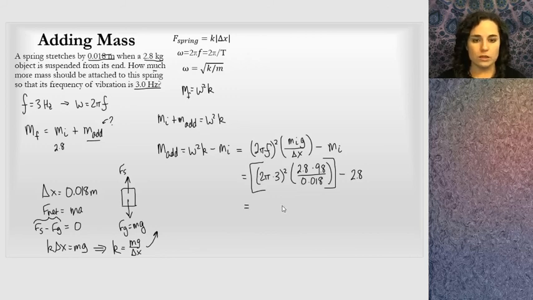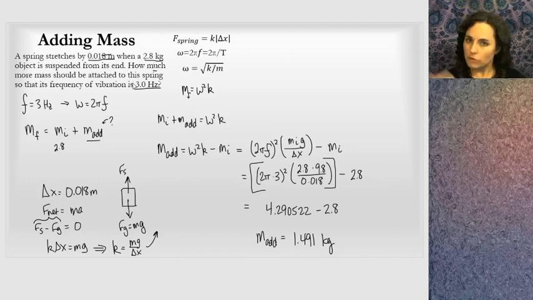When you run this through the calculator, you get 2.490522, and then I'm going to subtract 2.8 from that. And the additional mass that I need to add is 1.491 kilograms to get it from whatever the frequency was before to this 3 hertz that I was aiming for. So that's the answer there.